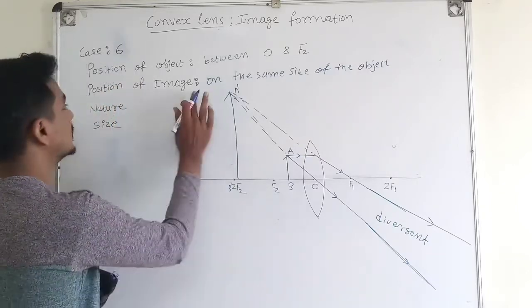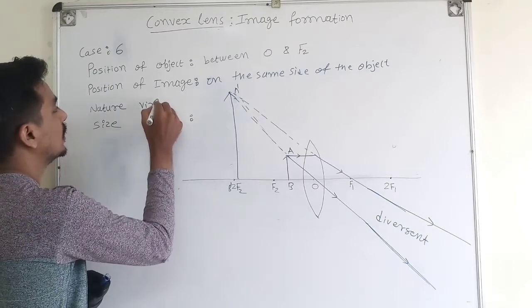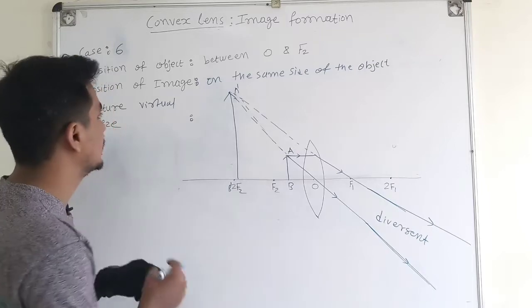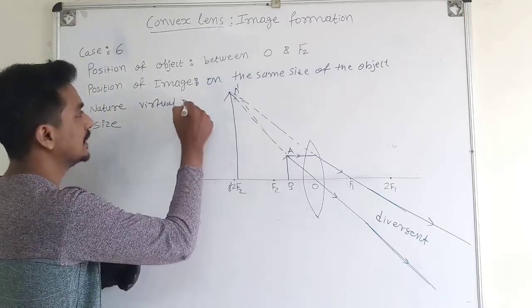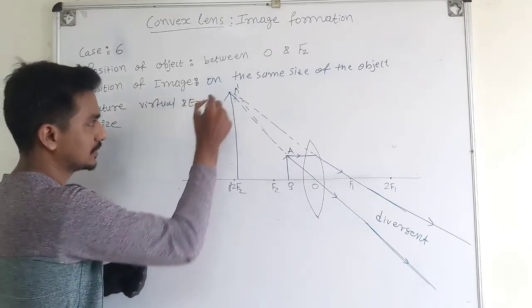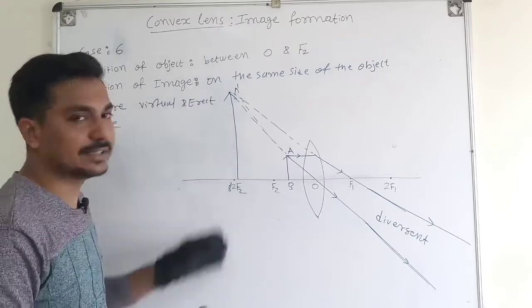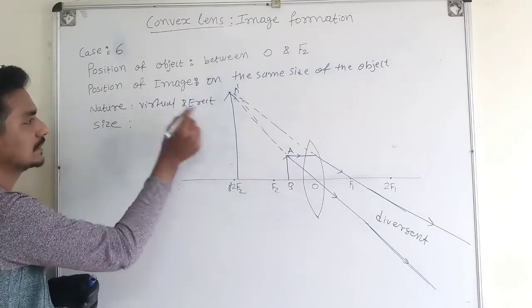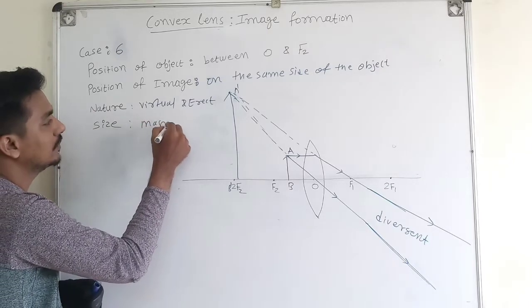So the nature of the image is virtual, and you can see here it is not inverted, right? It is erect, means it is upright, and the size is magnified.